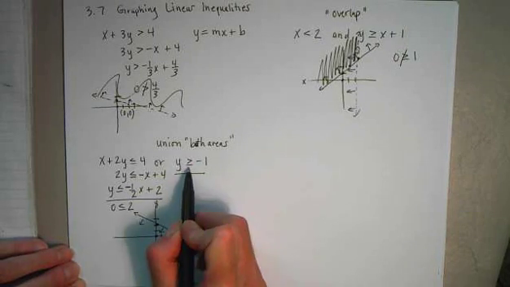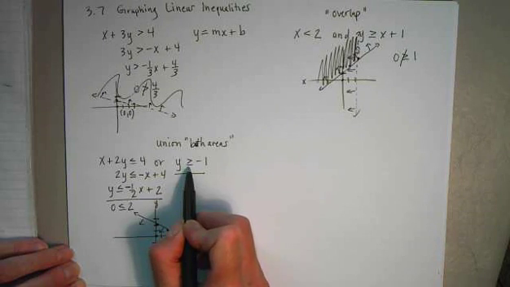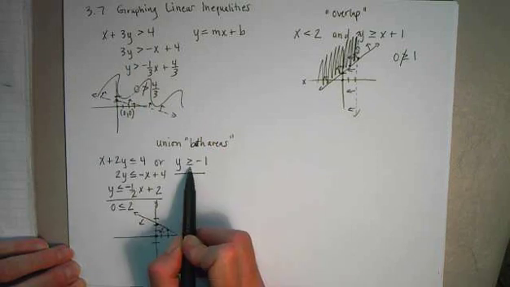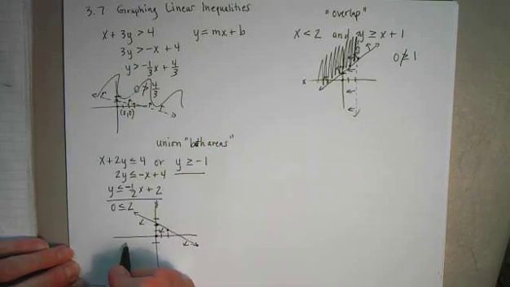And look at it and decide, is it dotted or solid? And let me forewarn you, on the test, they'll have multiple choice with both choices. So you have to remember to do the dotted or the solid correctly. Dotted if it's not equal to, solid if it is equal to. So I have a solid line right there.